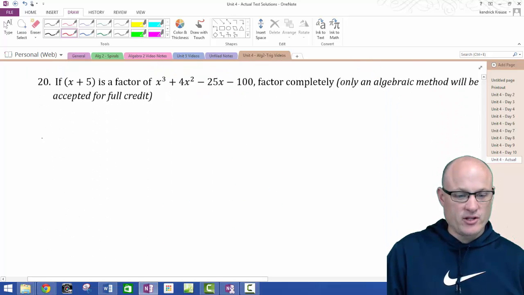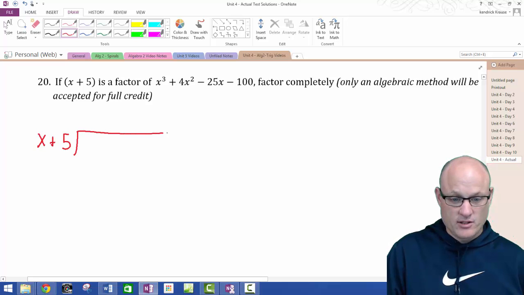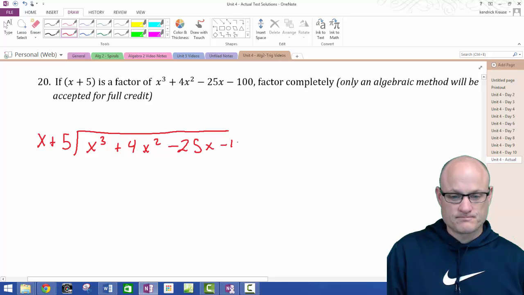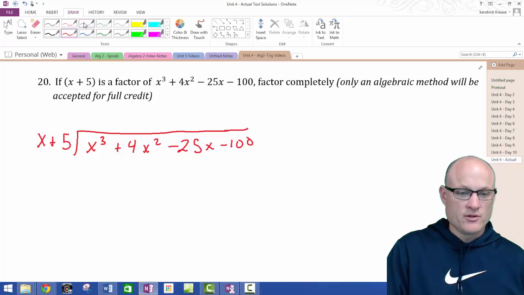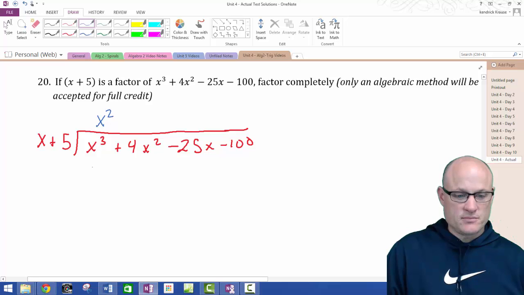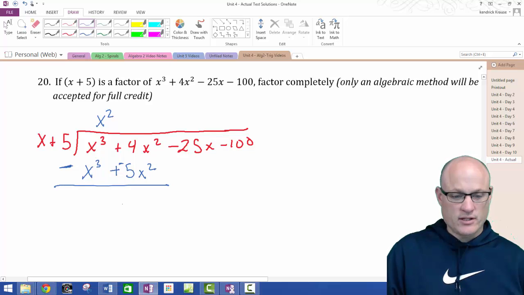This one I expected to see long division. It's what we practiced, what I was looking for. So I took off some points, I think, if you didn't do it this way. So, this is going to be x squared. That gives me x cubed plus 5x squared. We're going to subtract. So I get negative x squared minus 25.